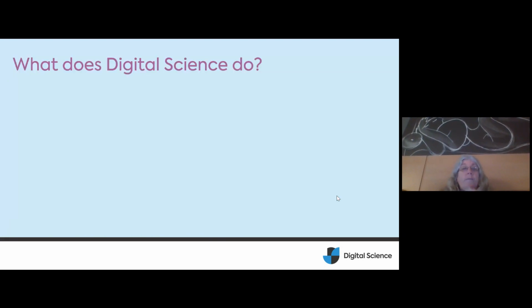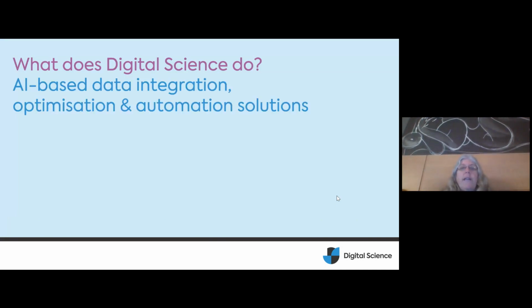But what we're doing is we're going to be looking at the data flows between all of those different channels and all the tools that you use. So it's basically the service is going to be an AI-based data integration, optimization and automation solutions.